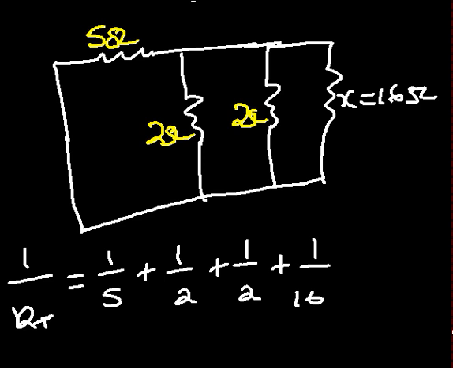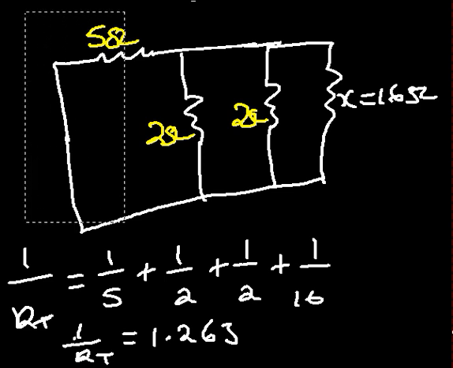Now we can have it as 1 point, so which means we'll have 1 over R total is equal to 1.263. So that is the way to go.